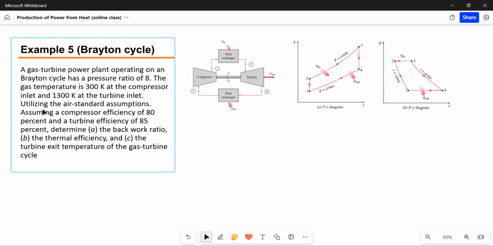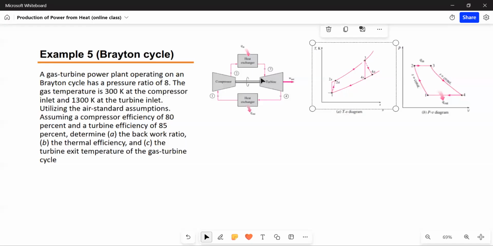Utilizing the air standard assumptions and assuming a compressor efficiency of 80% and a turbine efficiency of 85%, determine the backwork ratio, the thermal efficiency, the turbine exit temperature of the gas turbine cycle. Okay, I also put here the TS diagram where the actual process is shown, where there's an increase in the entropy in process 3 to 4 and 1 to 2.